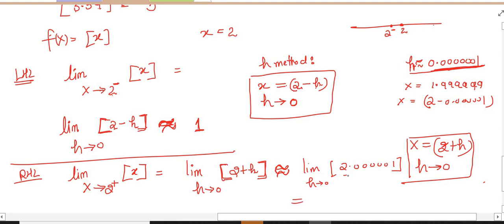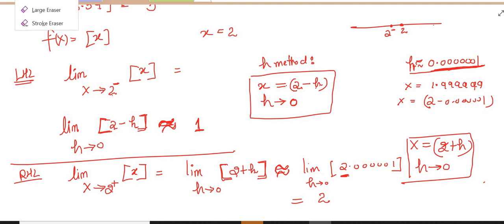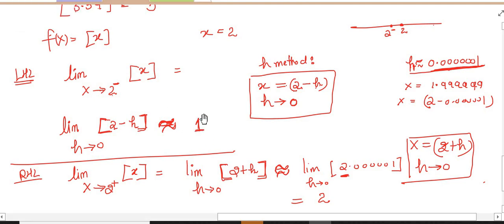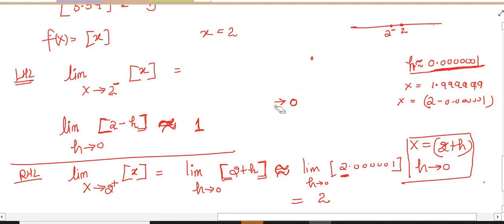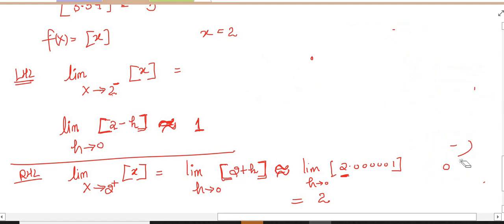So what will come out of this? It will come out 2. So we can already observe that the left hand limit was 1 whereas the right hand limit is 2. It doesn't seem to be continuous. But let me check the function value also at 2 itself.